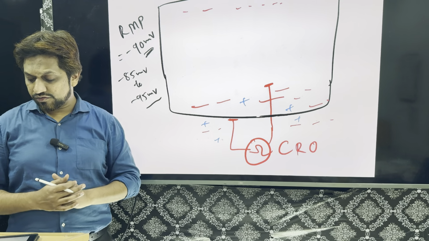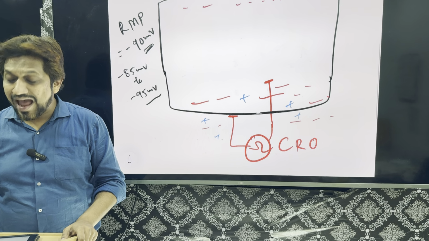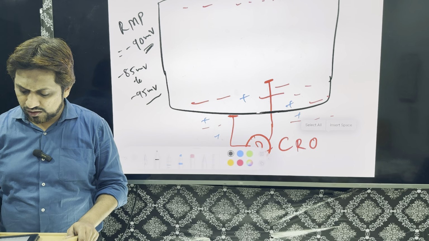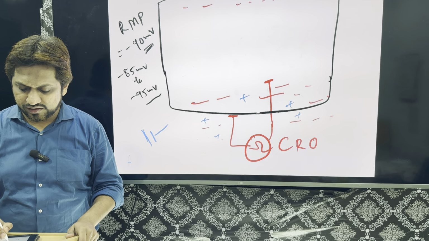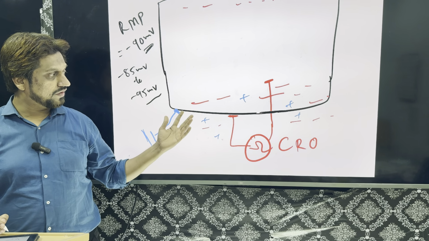Now, resting membrane potential we have discussed. Then the action potential. Now suppose on this same cell we use some stimulus, that is, with the help of a battery, some electrical stimulus we give to the cell.